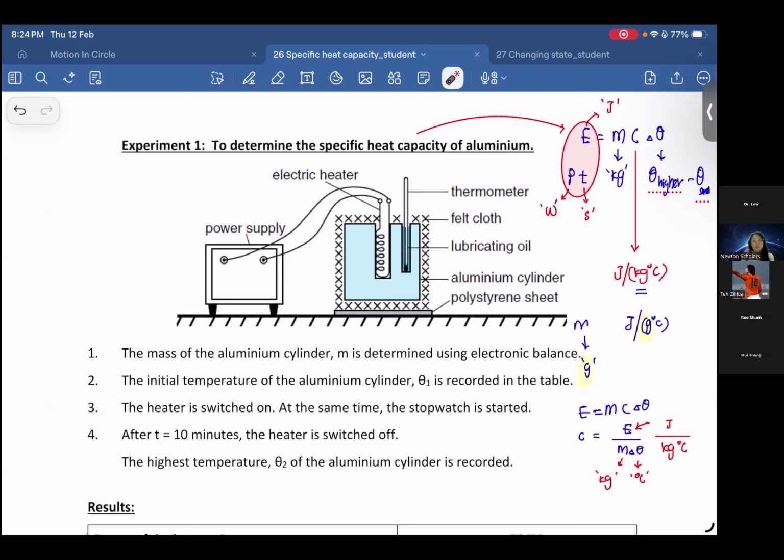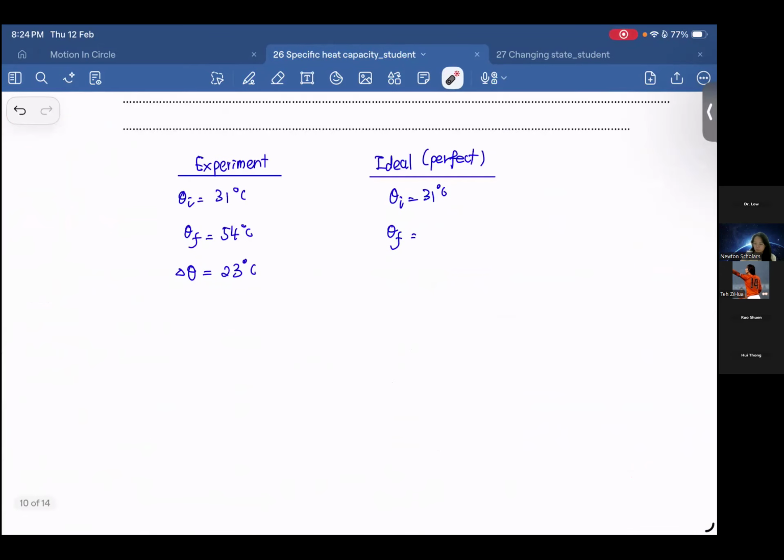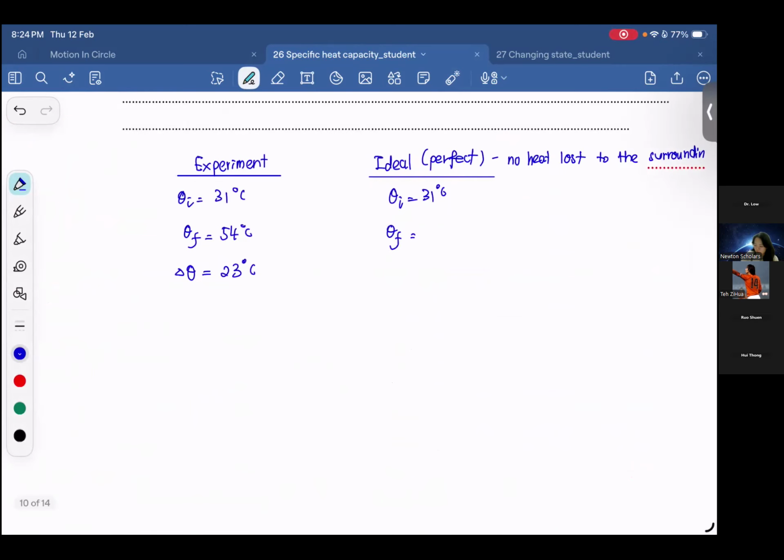But I say reduce; we cannot 100% prevent heat from being lost to the surrounding. So in a perfect case, meaning what? No heat loss to the surrounding.